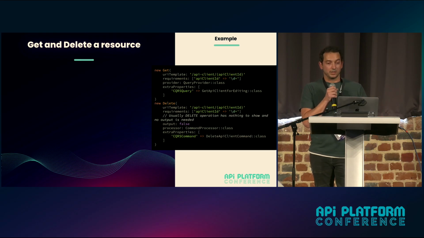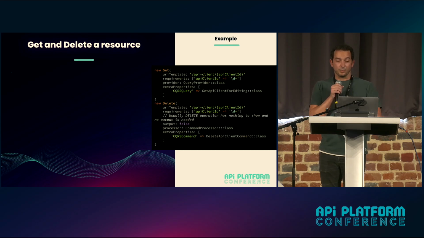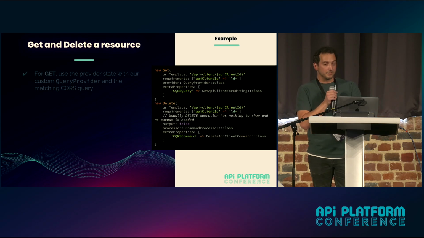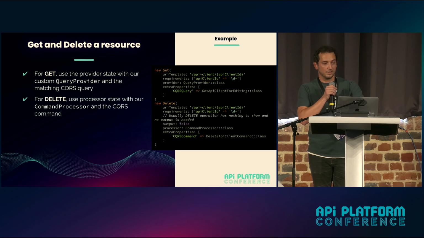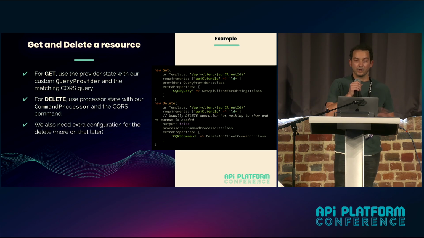We explained to it that we need to use this CQRS query, which is get API client, and a command processor with the associated CQRS command, also delete API client command. For the delete, we have an extra parameter, output false, because we don't want any return.